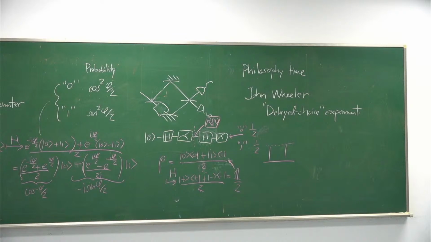So the space of outcomes is still discrete, there are just 2 points, but the value of each point depends on the phase phi.